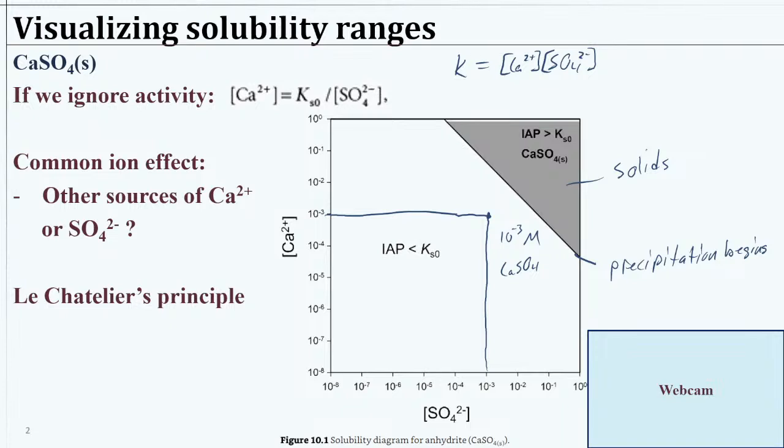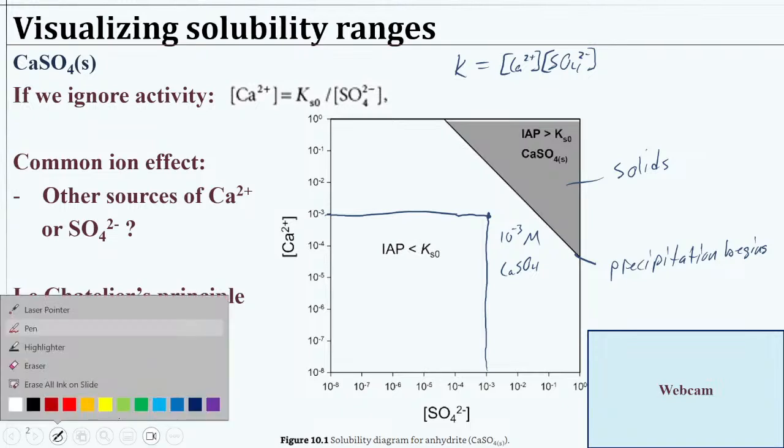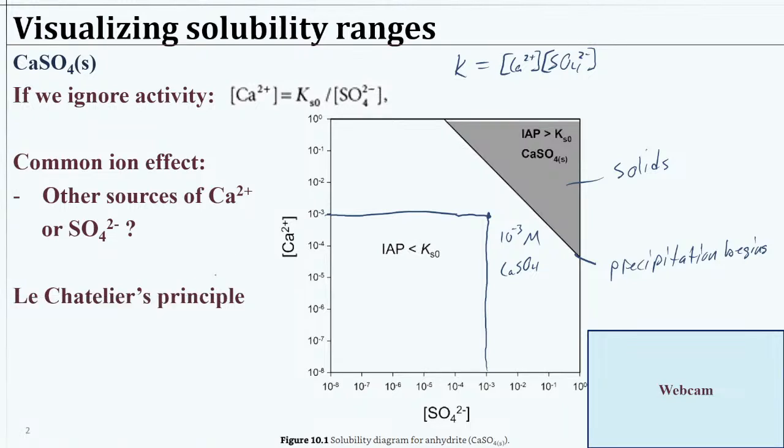Now, what happens if we have some other source? So let's do this. Let's say we have some other source of calcium that would raise us somewhere else, right? So we might end up in a spot where suddenly we are precipitating because one of these has increased. We could add some and it doesn't quite get there. Of course, we could have some spots along the way where nothing happens.